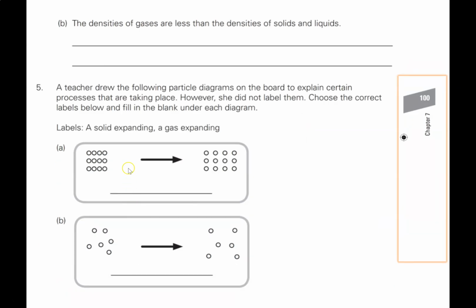Question 4b. The densities of gases are less than the densities of solids and liquids. Recall density is mass per unit volume, and it tells how packed particles are in an object.